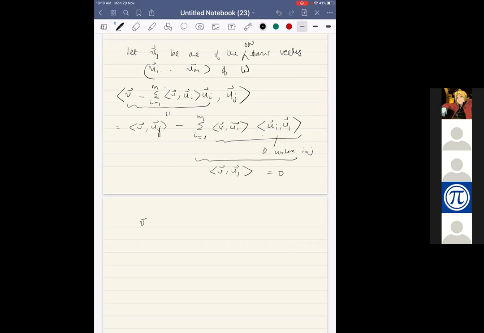So this vector V minus the sum over i equal to 1 to m of (V, ui) ui has inner product 0 with every one of the basis vectors u1 to um of W. Now, any vector in W is a sum of these. So this implies that it is in W perp.